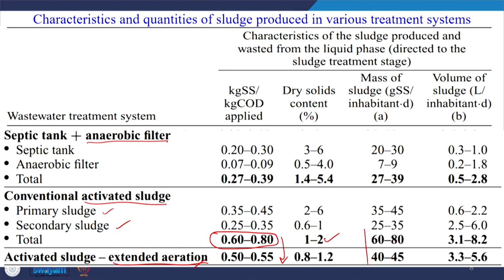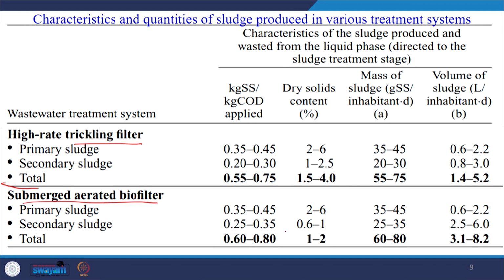So, we can see tentatively the range varies highly, from somewhere 0.2 to 0.8. This is what is coming if you roughly take the data. So, the maximum amount of SS which is produced is roughly 0.8 per kg COD applied, if we want to be on the safer side.